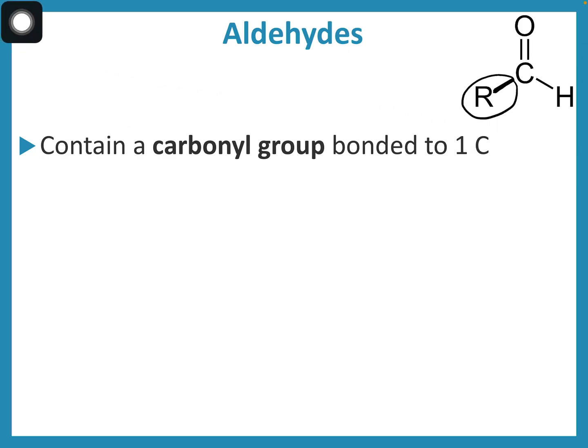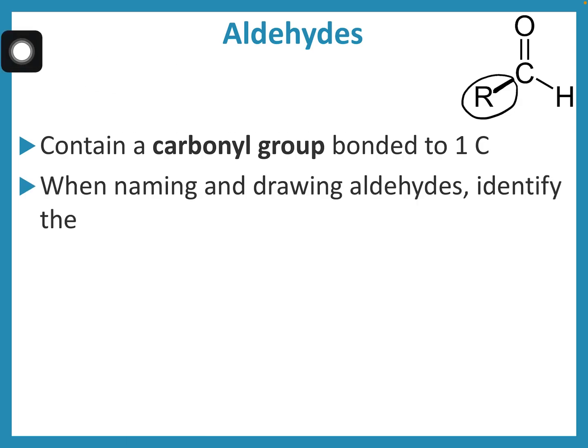So ketones and aldehydes are the same functional group. They're both carbonyl groups. Ketones are double bonded to an oxygen somewhere within the chain, and aldehydes are double bonded to an oxygen on an end chain carbon, and then a hydrogen is also going to be attached to that carbon.